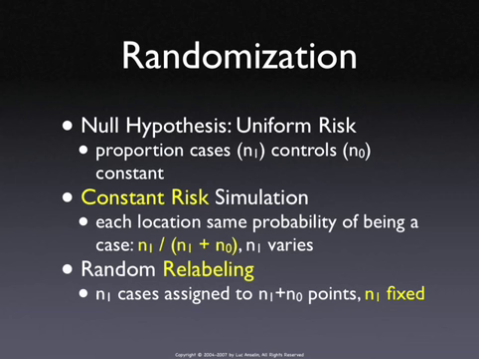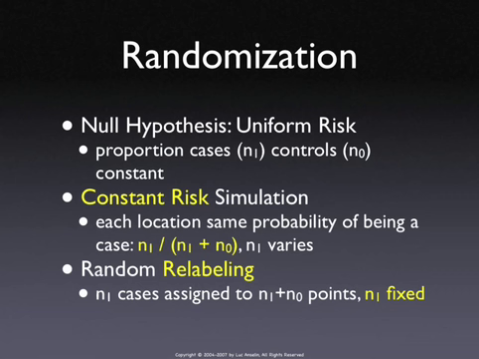Then how do you express constant risk? The constant risk is when the ratio of cases to controls is constant throughout. So one way to implement this is to simulate a constant risk. So you have a total number of points, and the number of those that are cases is the same no matter where you are. So let's say if you have 100 points, 5 of these are cases.